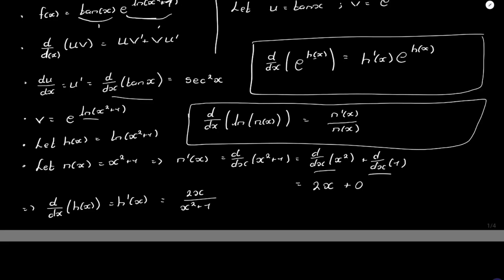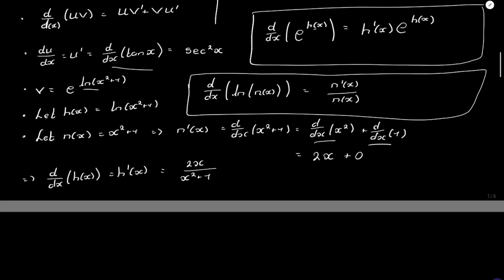Perfect. But if you can still recall, we calculated h prime of x in order to calculate v prime. Why? We notice that v was equal to e to the power h of x, which implies that v prime is equal to h prime of x e to the h of x.